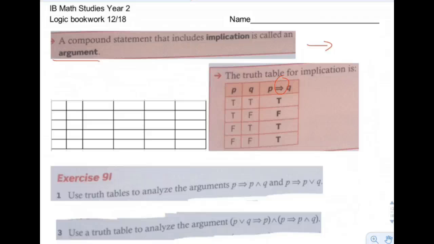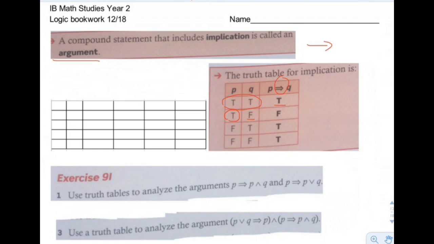So the implication is going to cause you to do something. Okay? So when they're both true, then that means the implication is true. So that means that yes, P did imply that Q was also true. Now, if P is true and Q is false, then no, the implication didn't work, right? P was true, but Q was false.